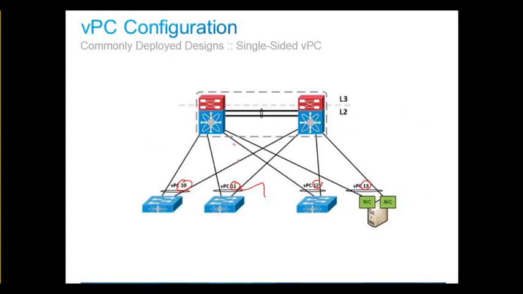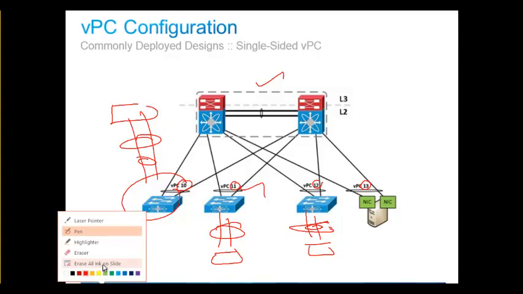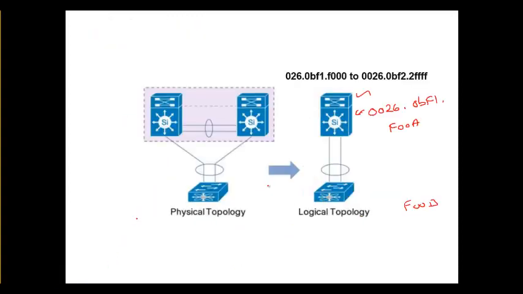So the same two switches but different virtualization. Though it is physically the same two switches, according to this it has got its own switch to form a bundle, and this has got its own switch to form a bundle. So for every single vPC domain ID, there is going to be a MAC address.